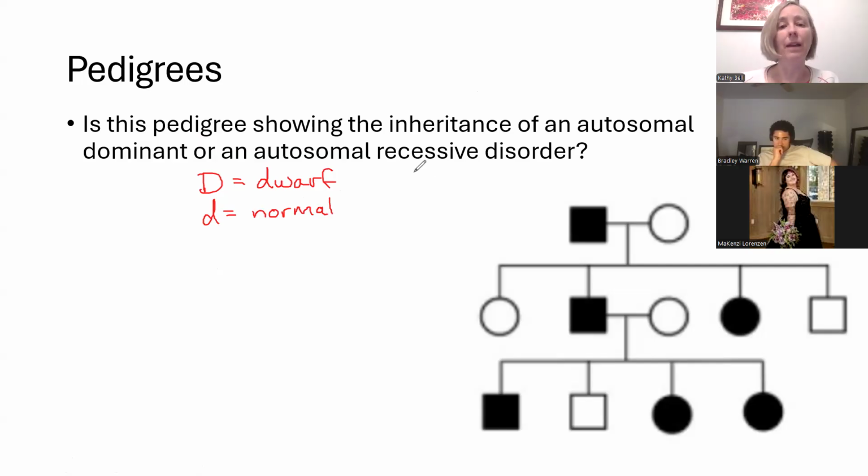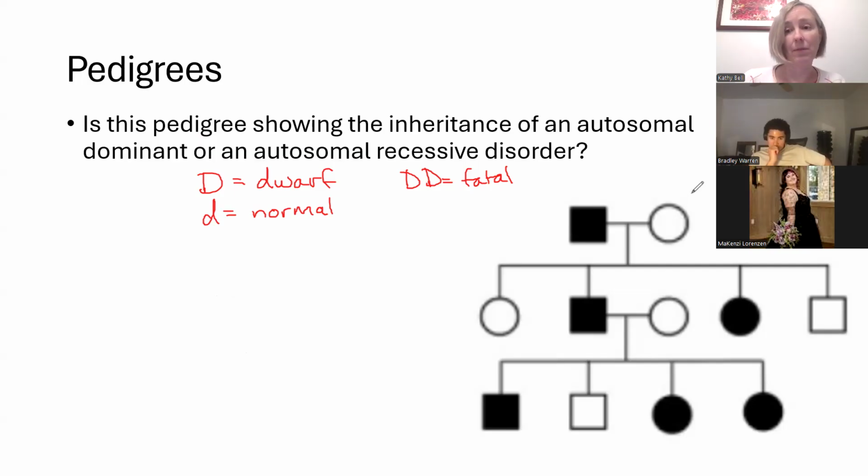Okay. And you can't be homozygous dominant because that's fatal. Those babies don't live. Okay, so let's figure out what has to be the genotypes of these parents.